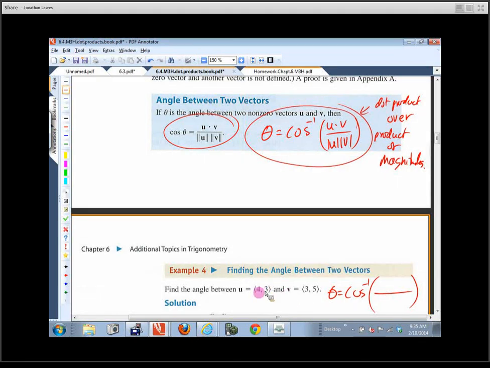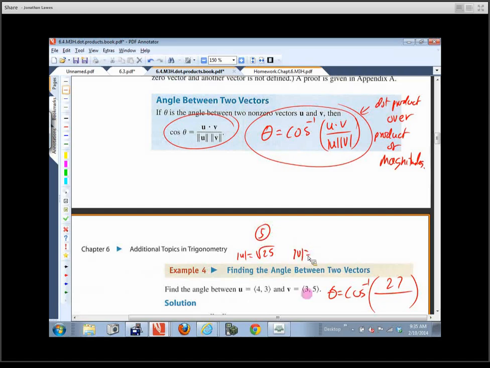The dot product. So that's going to be 12 plus 15, so that's going to be 27 on the top. And then on the bottom, I'm going to have the product of two magnitudes. So let's figure out the magnitude of u. The magnitude of u is going to be the square root of, hopefully we're getting good at these, 16 plus 9, 25, so that one's 5.